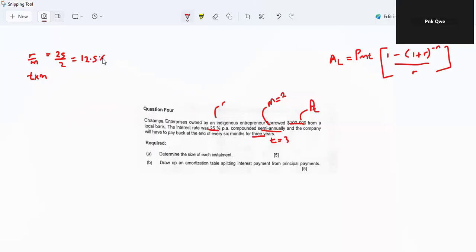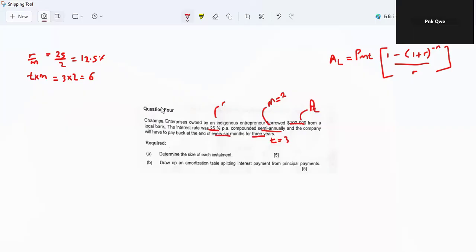Then our time is 3 years, multiplied by 2, meaning the periods will be 6. Even if you're not guided, that will be 6 times, because semi-annually means every 6 months.